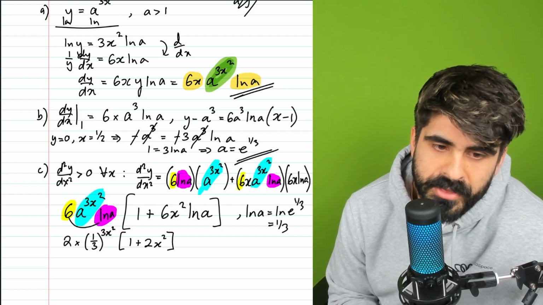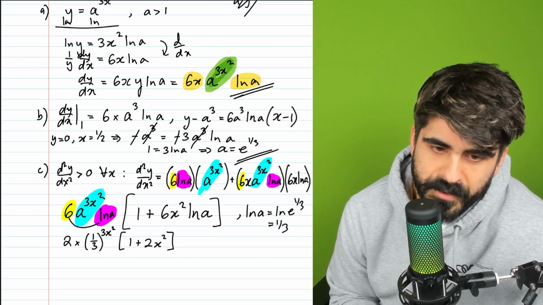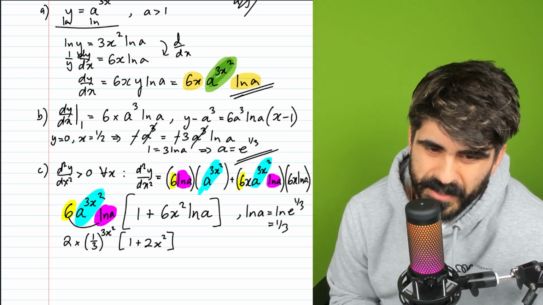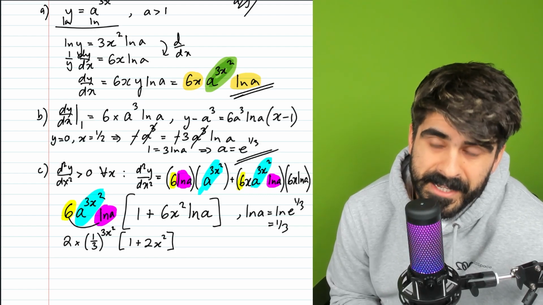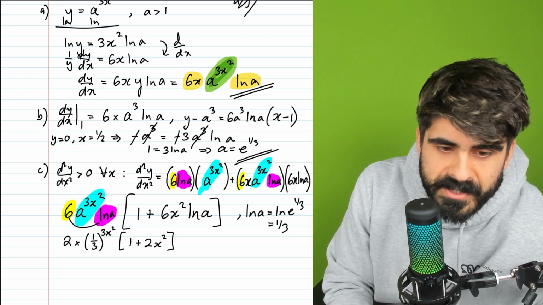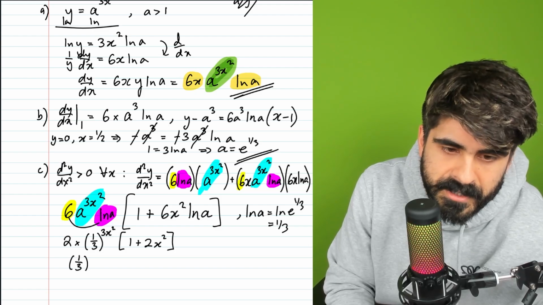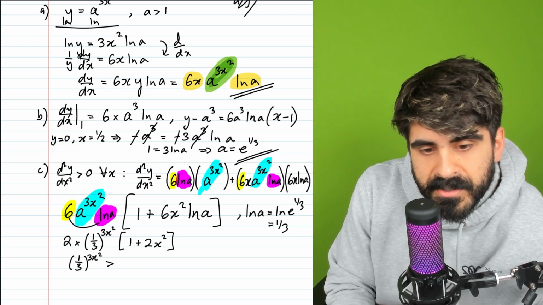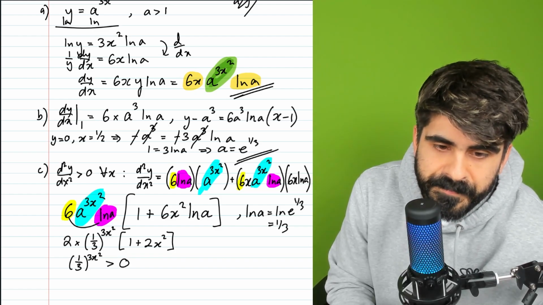So a to the 3x squared. Well, that's always positive, right? So a to the any exponential is always above the x-axis. So we can say a to the 3x squared is strictly bigger than 0.